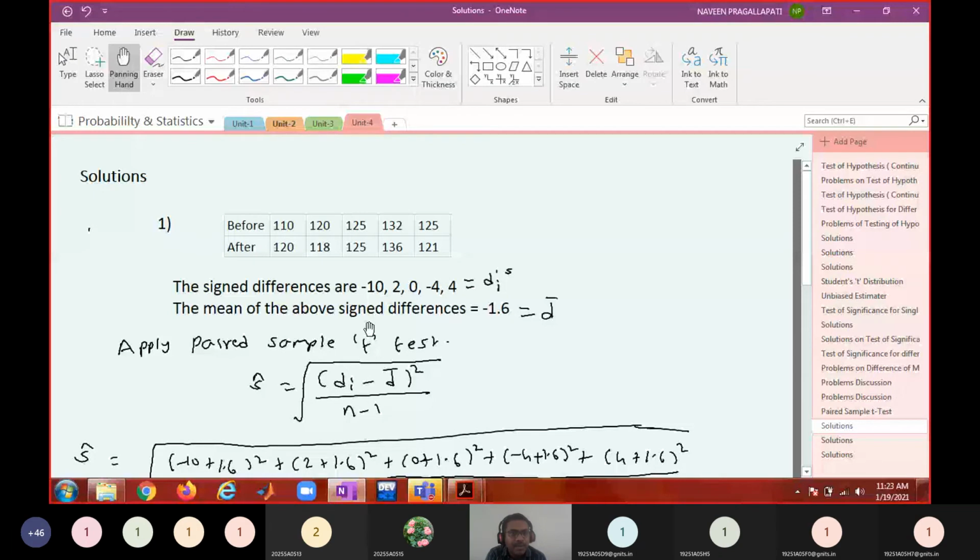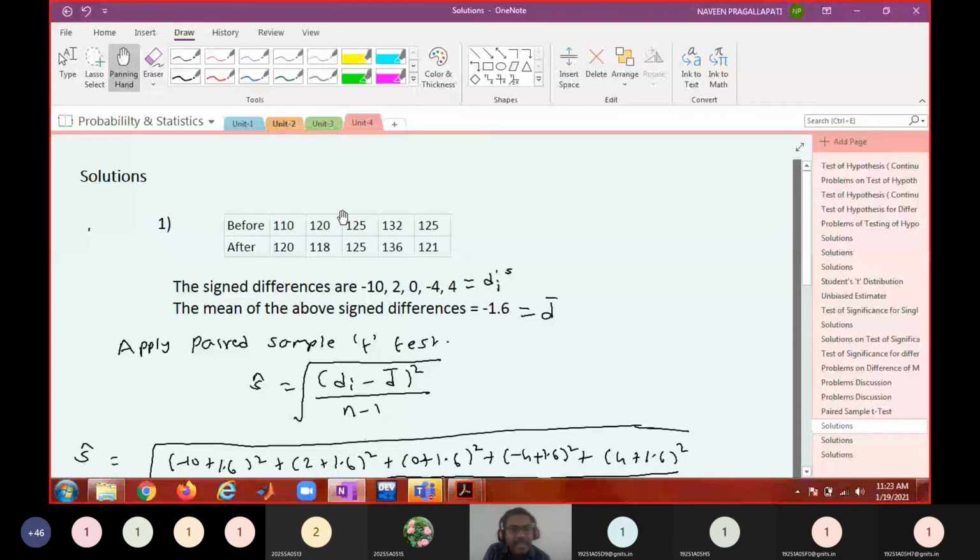Right? So see, 125 to 121. So it is decreasing here; the drug should decrease the blood pressure. When the value is decreased, D will be positive. 125 minus 121 is 4. 4 is positive. So like that, if you are getting more positive values, then the mean will be positive.